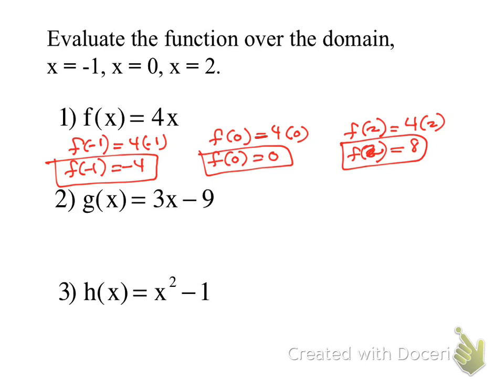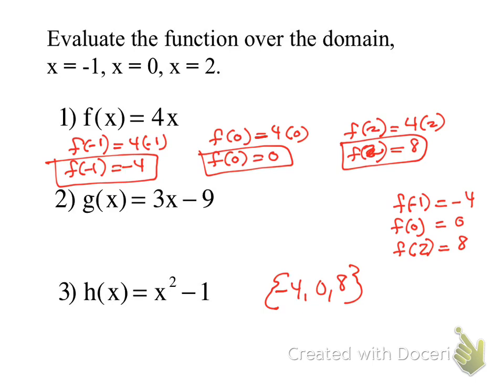Okay, questions? Now, you can write your answers like this. My suggestion in your answer column is you do the f of negative 1 equals negative 4. The f of 0 equals 0. The f of 2 equals 8. The reason why is there's another way to write this too. I could do negative 4, 0, and 8.